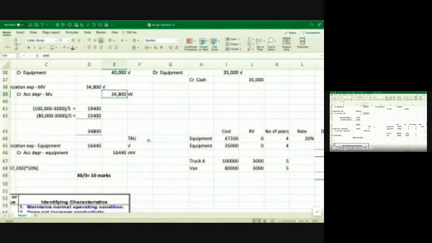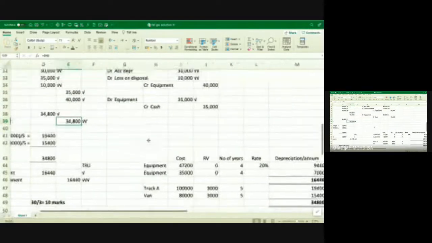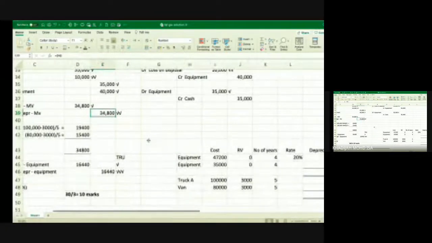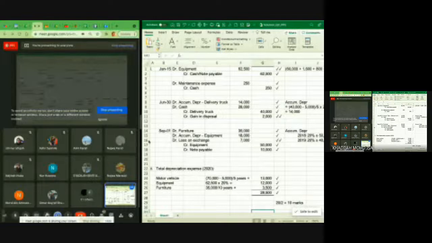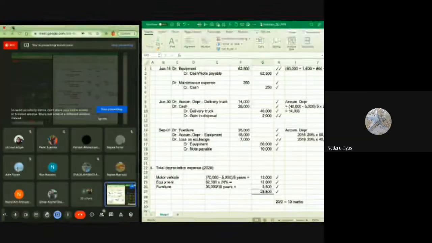Anyone have problem with this computation of your depreciation? Nazrul. Yes, madam. You okay? I'm a bit lost. Yes. Okay, you tell me, so that I can help. I think that some of you are also lost, but they don't know how to tell me.